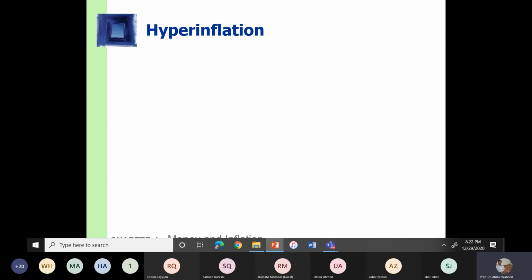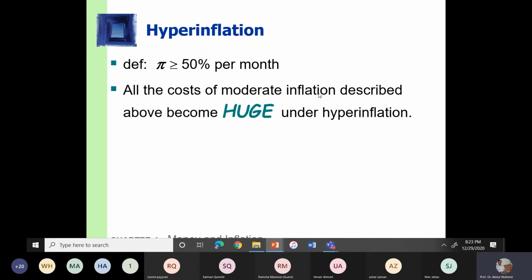They return to barter trade, direct exchange of goods and services, or they will try to use some other currency which is stable, a foreign currency. That's why hyperinflation is not good. If the inflation rate is more than 50% per month, then we say there is hyperinflation.